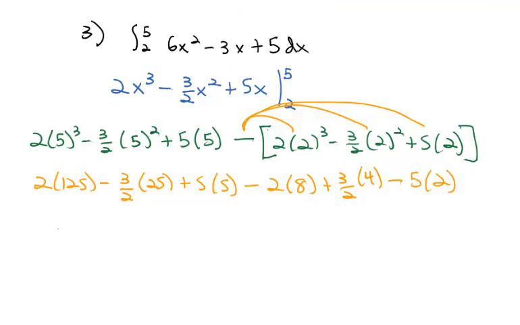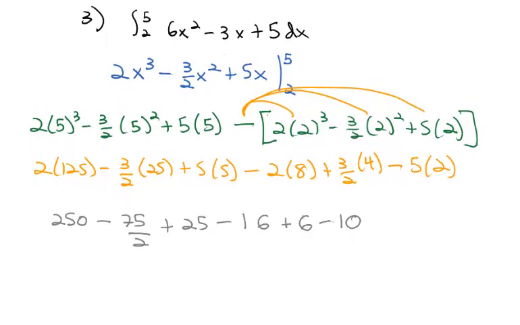Still cleaning up. 2 times 125 is 250 minus 75 halves plus 25 minus 16 plus 3 times 4 is 12 halves, which reduces to 6 minus 10. And just to make life easy right now, I'm only going to do the whole numbers. So that's 250 plus 25 minus 16 plus 6 minus 10, which is 255 minus 75 halves.